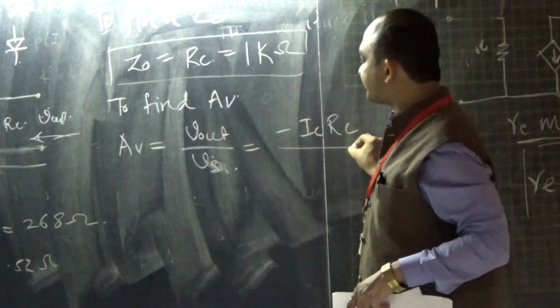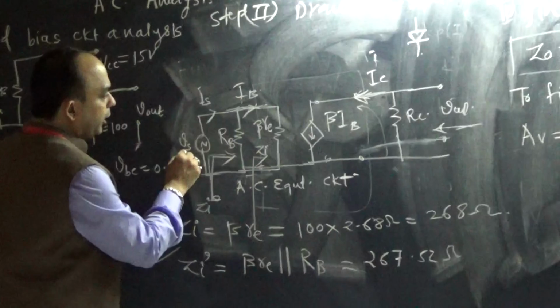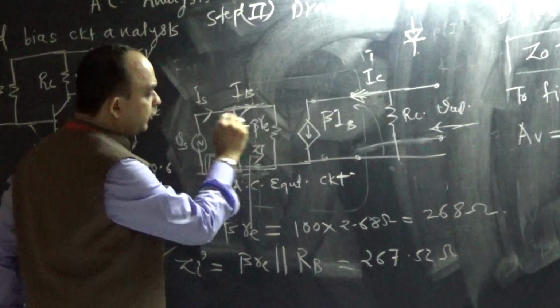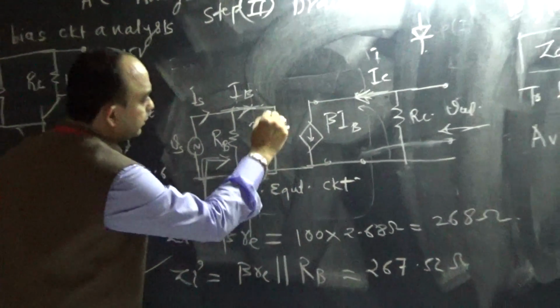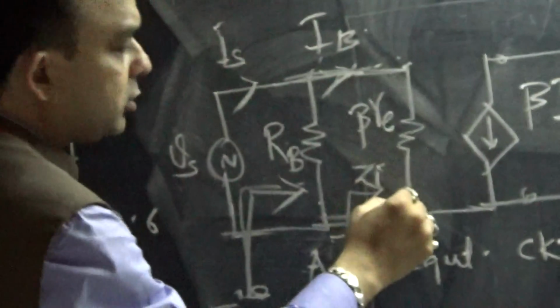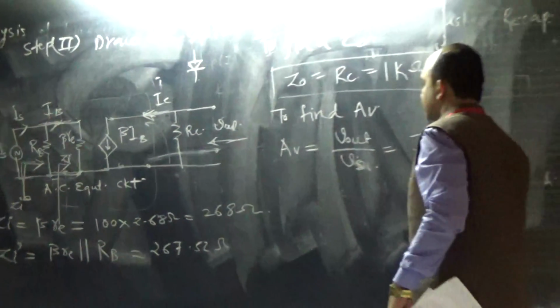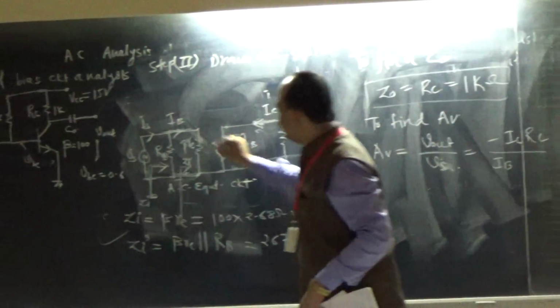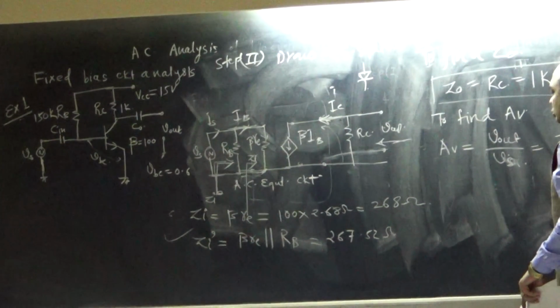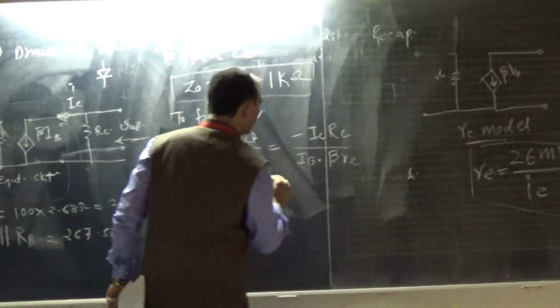What about VS? It is not fixed. You can relate it, because the drop across this and the drop across this is the same. So it is IB going through beta times RE.